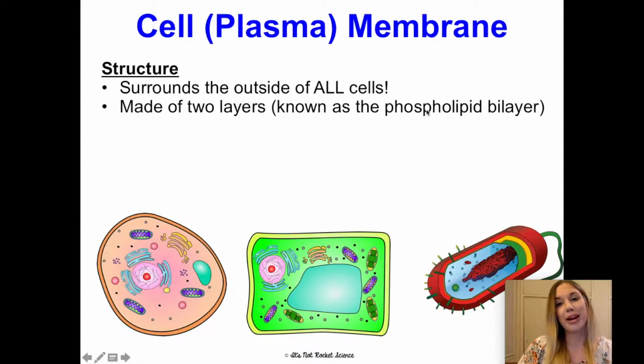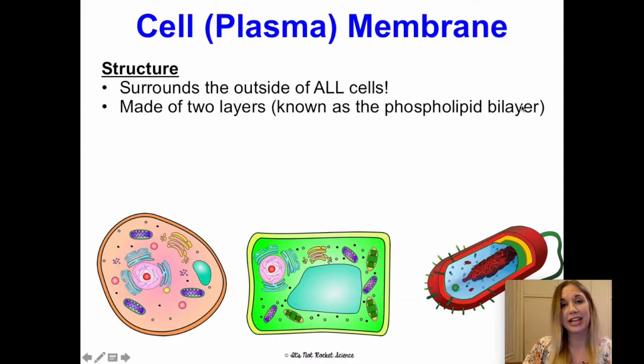And so when you combine this polar phosphate with this nonpolar lipid, that's a big thing we're going to be talking about as to why cell membranes are so important and why phospholipids beat out everything else to be the best type of structure for the job of the cell membrane.